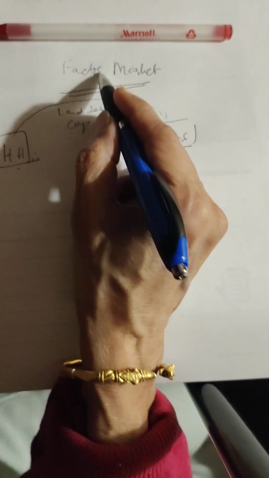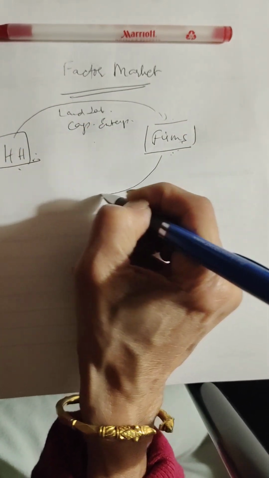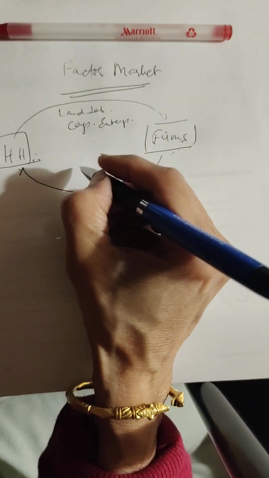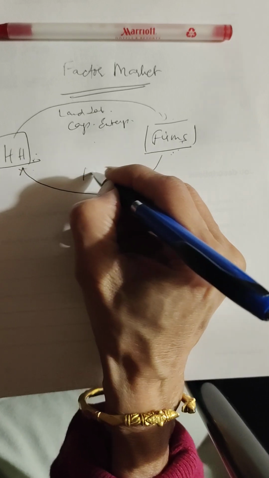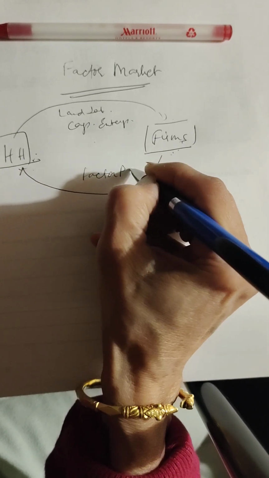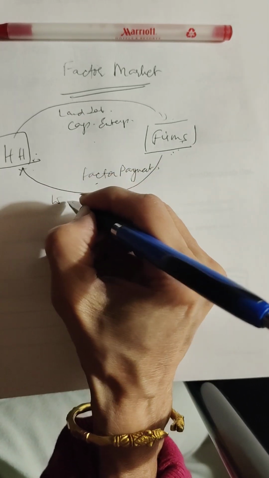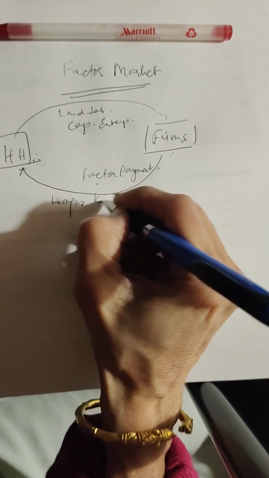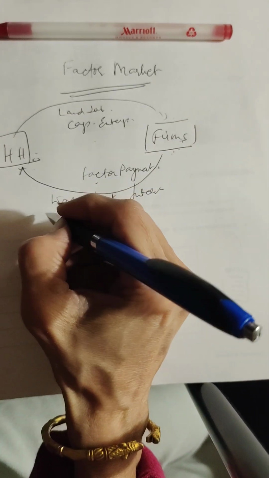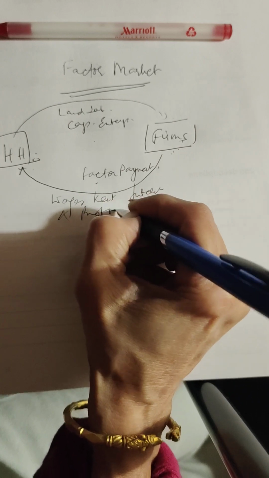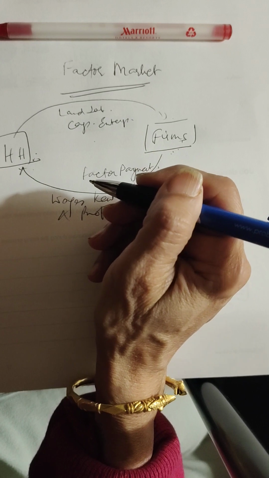Well, that is the factor market. And when the firms are making factor payments for the factors that they have received as wages, rent, interest, and profits, is that right? So this is a factor market.